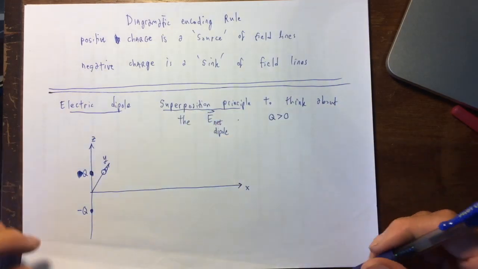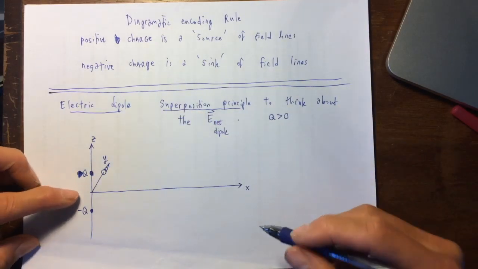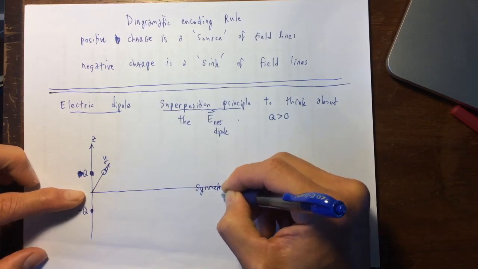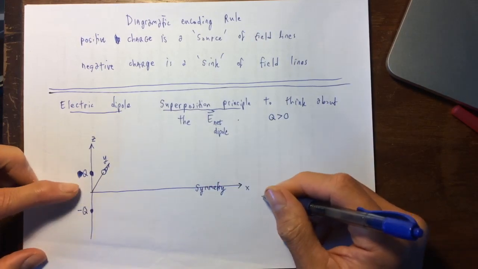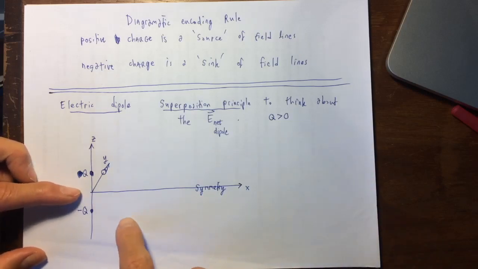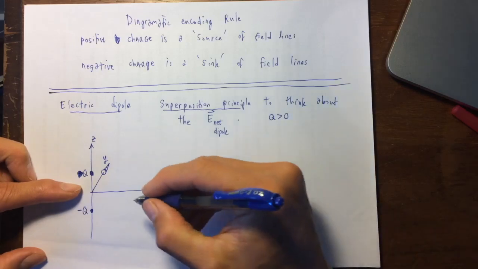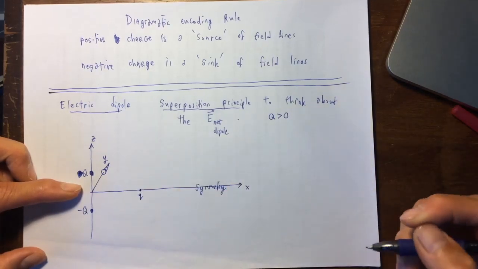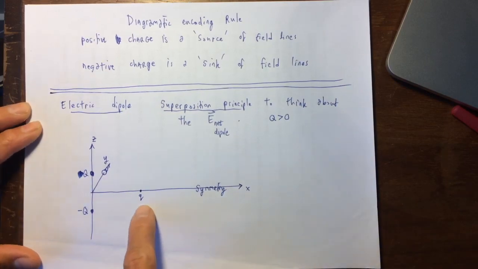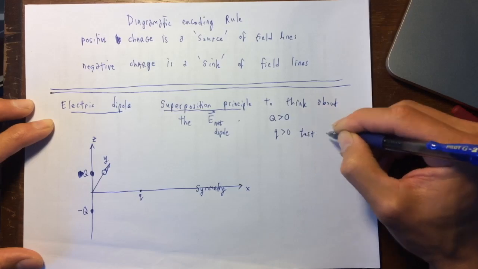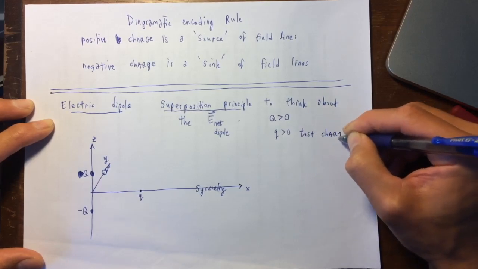So here's the thing. If you go along this line of symmetry, I guess it's sort of a line of symmetry, it's not really, but the idea is this. If I put a test charge here, right, so this is a little positive test charge, so little q is also bigger than 0. This is our test charge that I alluded to earlier.